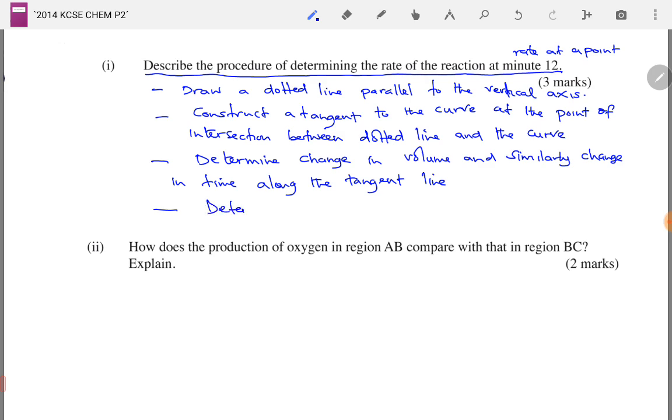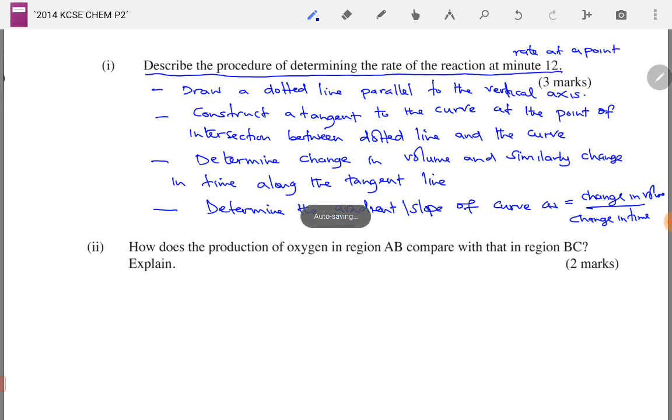Then determine the gradient or slope of curve as change in volume all over change in time. That way you will have calculated the rate of reaction at minute 12.